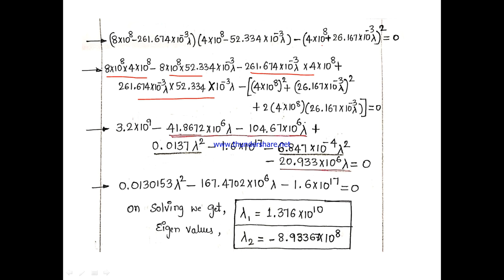So here I got the total whole square. So I can write a plus b whole square formula here: a square plus b square plus 2ab. So now here I am going to make a little bit of arrangement. When I multiply this, I got the value 3.2 into 10 raised to 9.